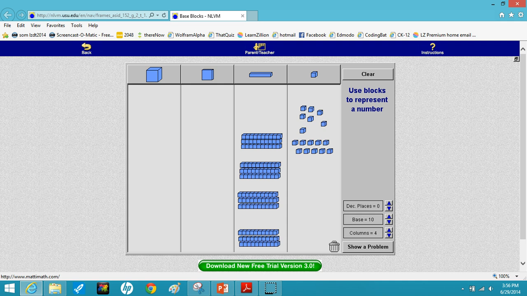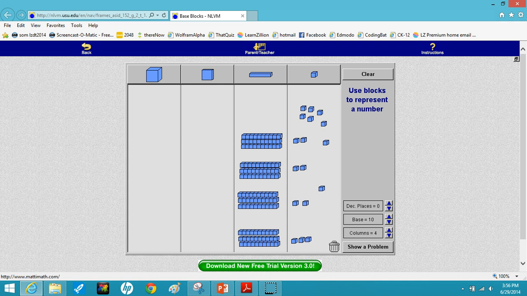And now I'll see if I can divide these up into 4 equal groups. So there's 1 group, 2 groups, 3 groups. That'll be our 4th group. So put 1 down there, 2, 3, 4.